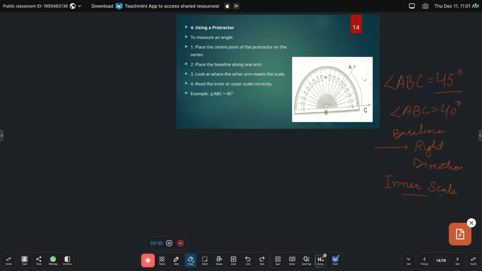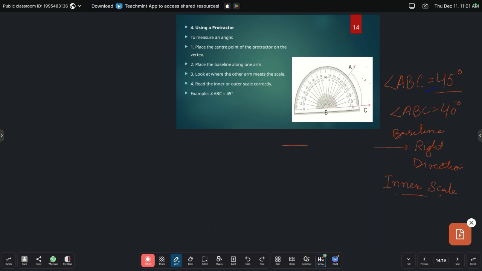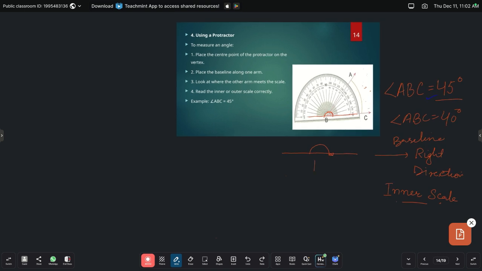Now, dear students, let's make another angle. As I have already told you, a straight line is an angle of 180 degree, right? If I will make a straight line here over the protractor, if you go in the right direction or left direction, you will see the baseline is at 180. Here it makes an angle of 180 degree.